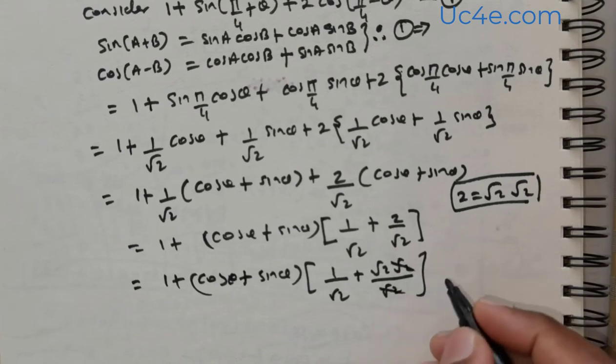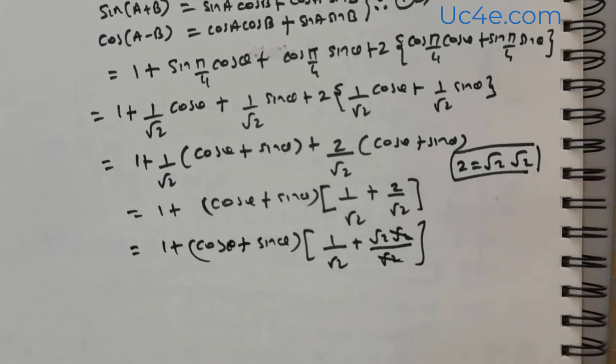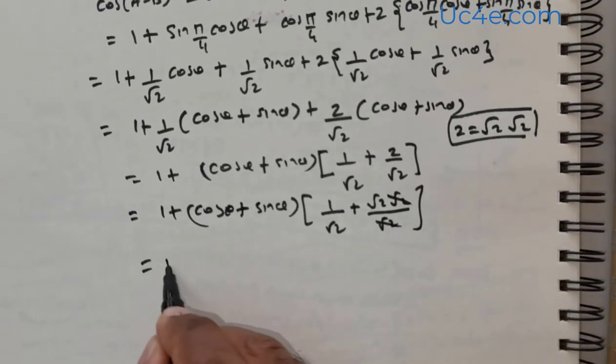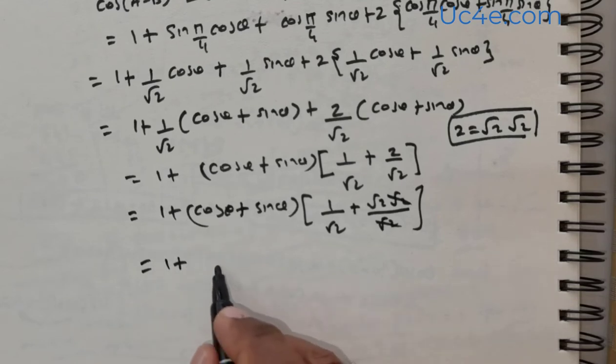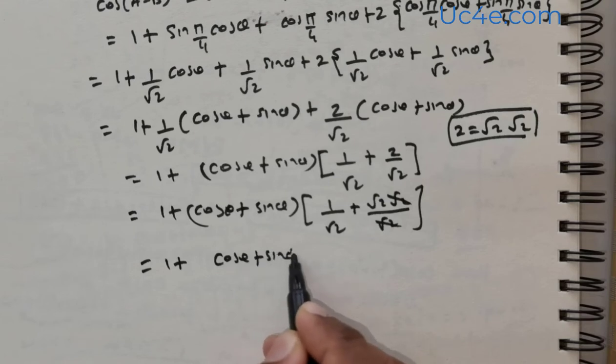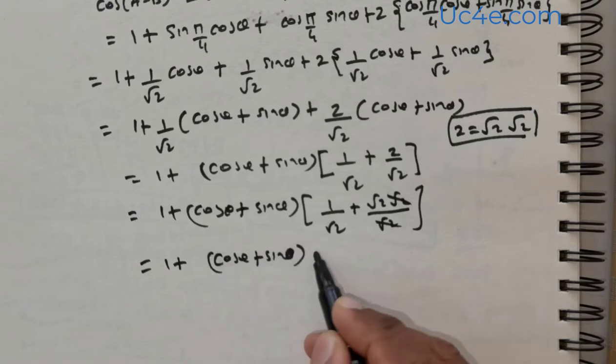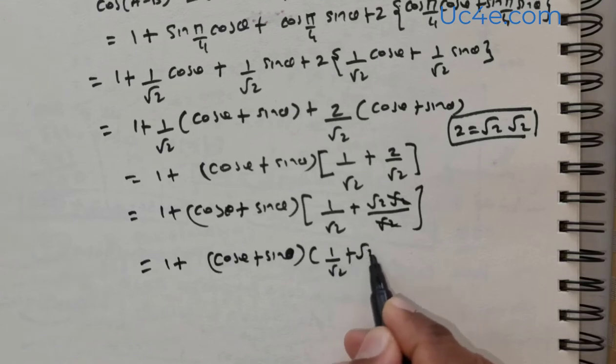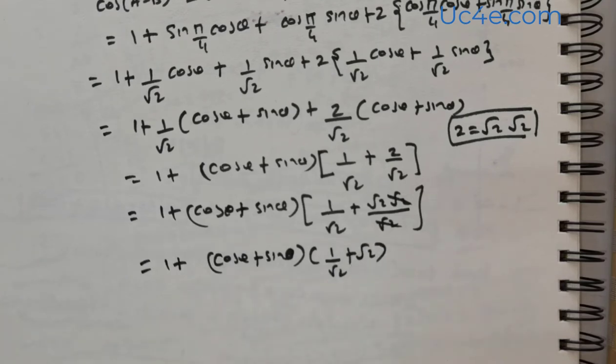So I can cancel it off, and thereby I will now have an expression in this fashion: 1 positive cos theta positive sin theta times 1 over root 2 positive root 2. So this is what we have got.